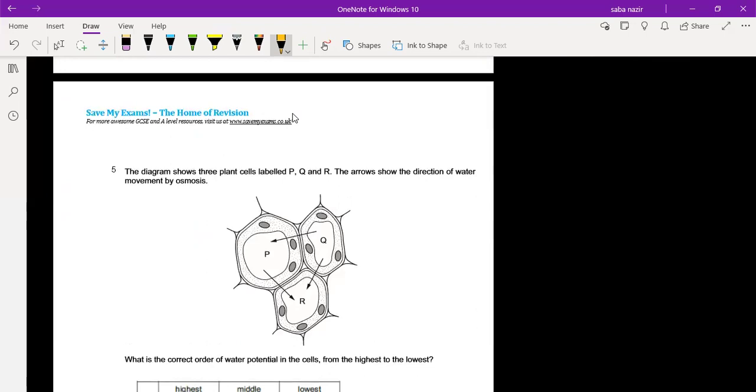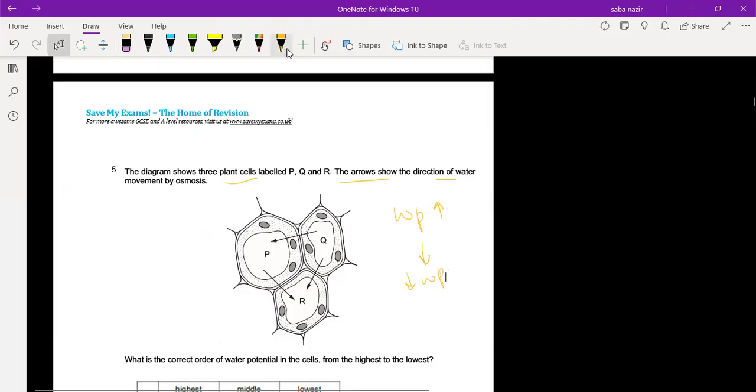The diagram shows three plant cells, and the arrows are actually showing the direction of water. We know one rule: water always travels from an area of high water potential to an area of low water potential.